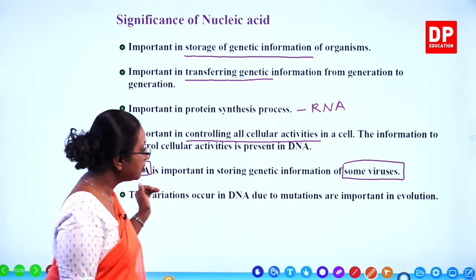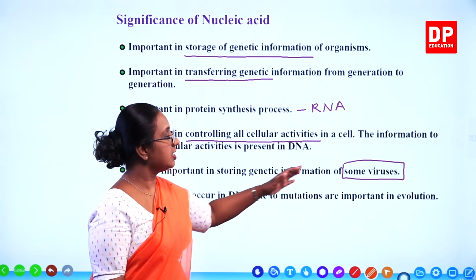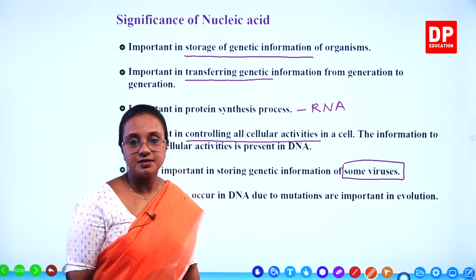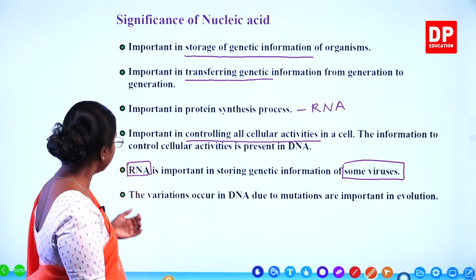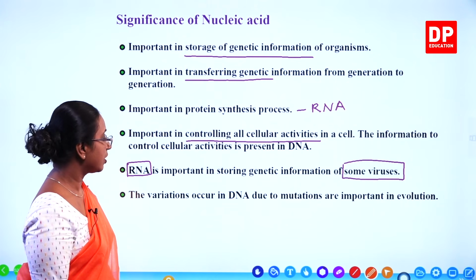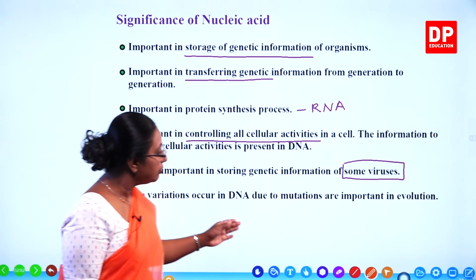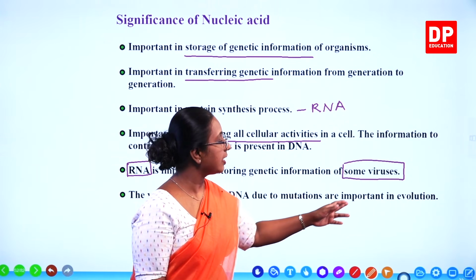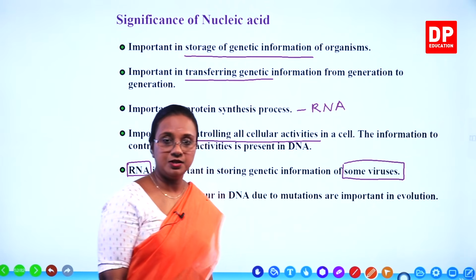RNA stores genetic information in some viruses only. And the last one is that variations that occur in DNA due to mutations are important in evolution.